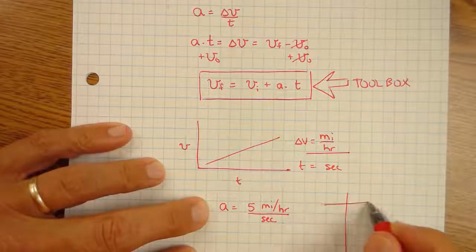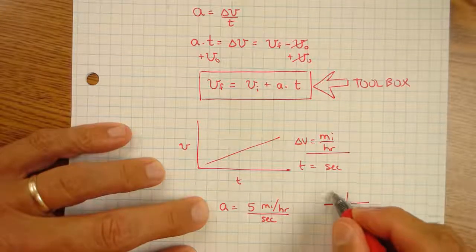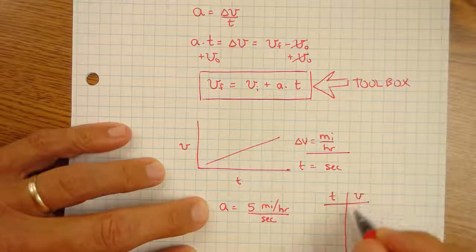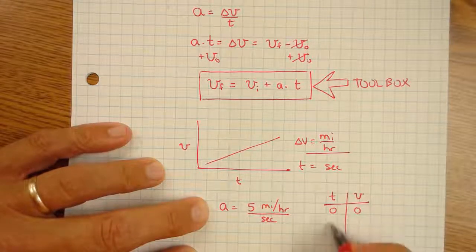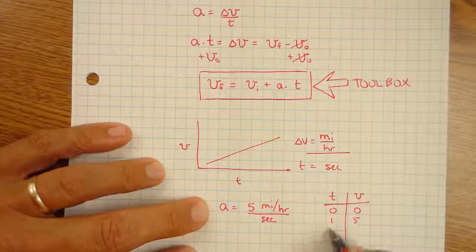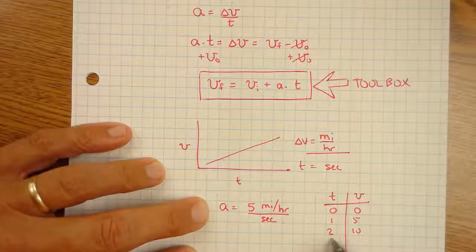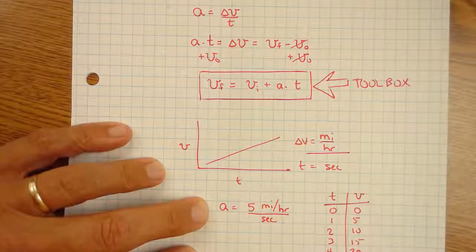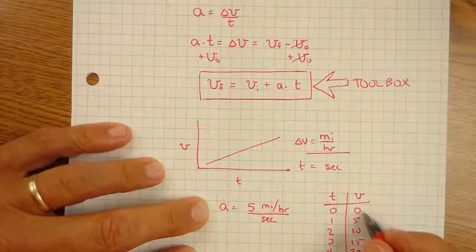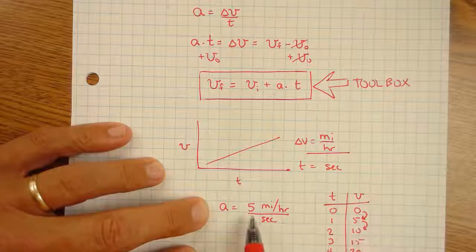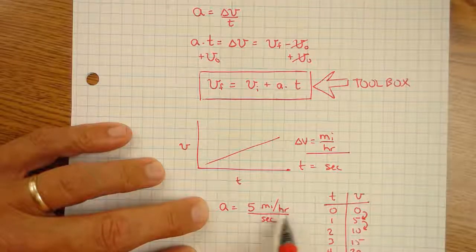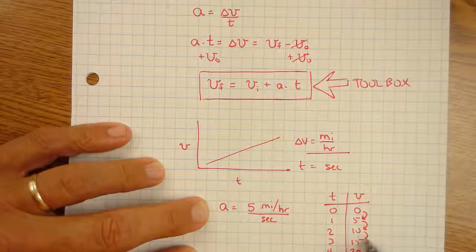So, if I made a little table, here is the time, and here is the velocity of my car. At 0 seconds, I'm going 0 miles an hour. After 1 second, I'm going 5. After 2 seconds, I'm going 10. After 3 seconds, I'm going 15. After 4 seconds, I'm going 20 miles an hour. And so, my velocity is changing by 5 miles per hour every second that goes by.